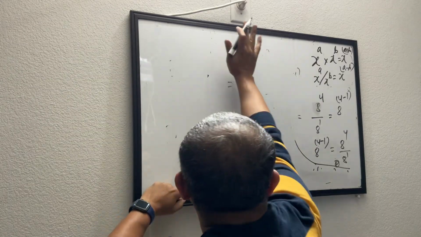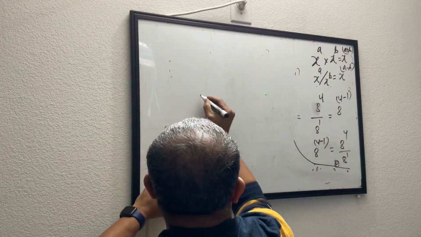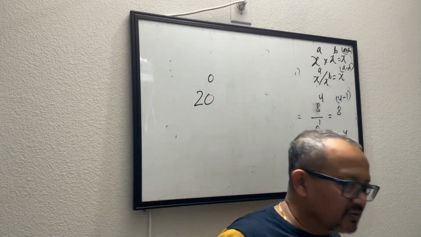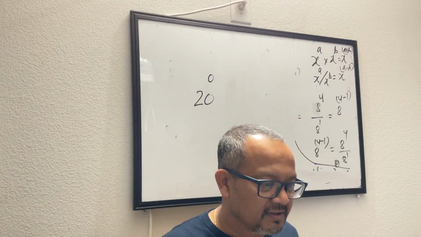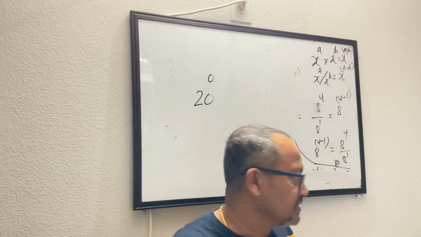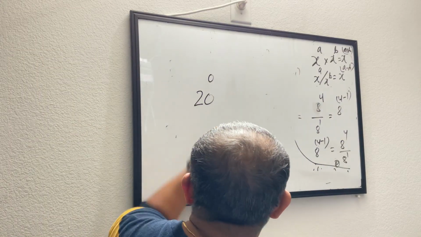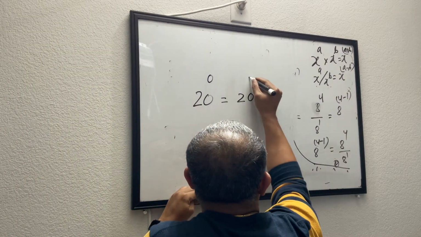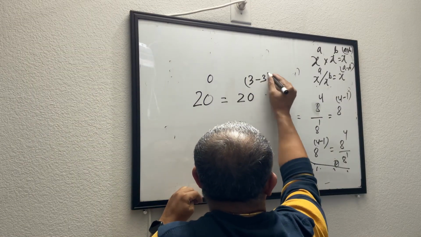If I have 20 to the power 0 and I am forcing you guys to believe that that is 1, and you guys are asking me why, I am saying okay, 20 to the power 0. Can I write 20 to the power 0 as 20 to the power 3 minus 3? Is this okay?